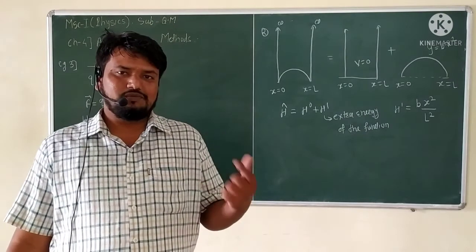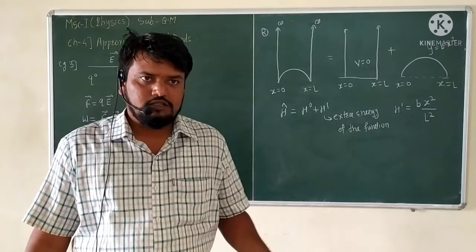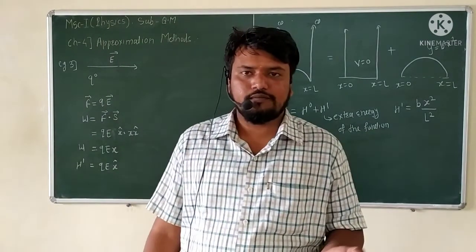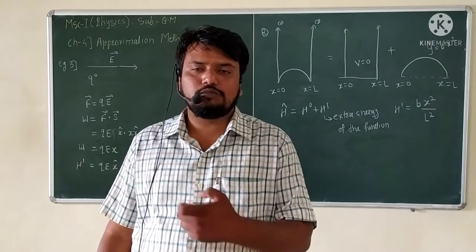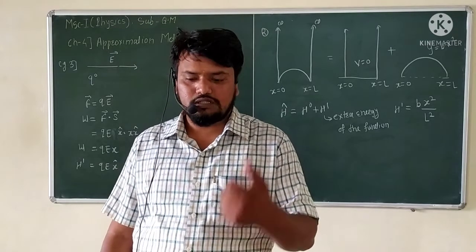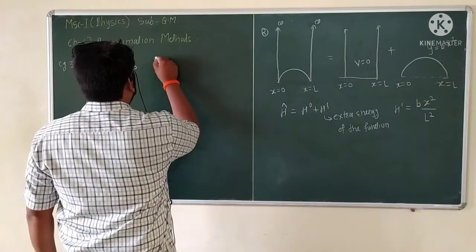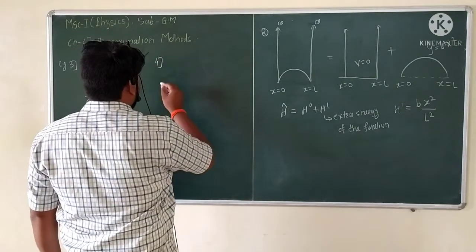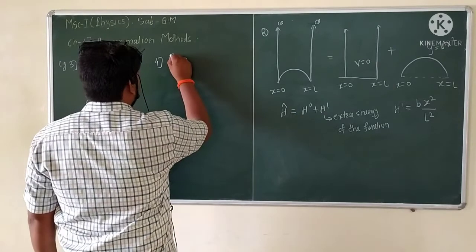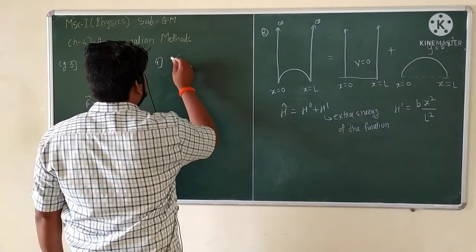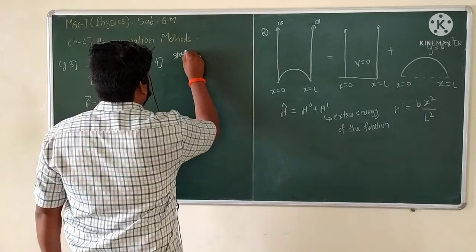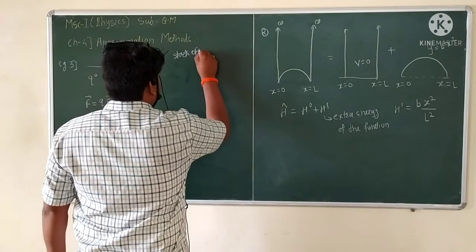This is a very small example, but this type of question is asked in the exam. Now next, this is example number 4, also an interesting example, the general idea considered for the Stark effect. What is the Stark effect?